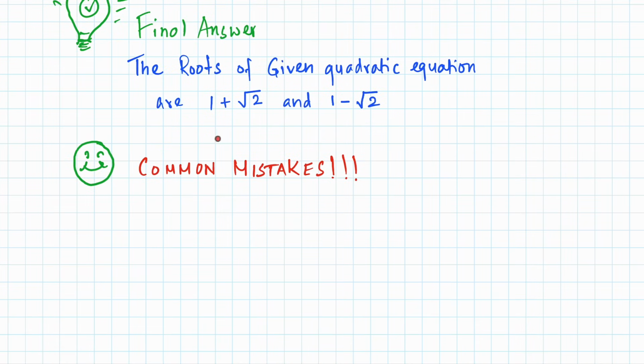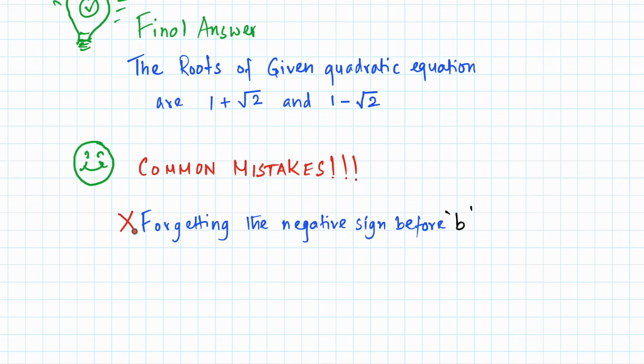Now the common mistakes that students generally make while evaluating the quadratic formula: forgetting the negative sign before b. This is very important. Sometimes we omit the negative sign, and then in the whole process we end up with a wrong calculation. Writing wrong values of a, b and c with proper sign.